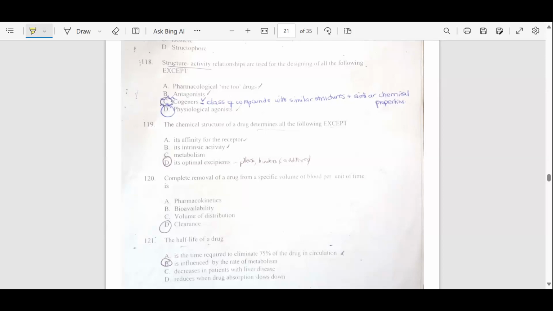For example, we used histamine when producing antihistamine drugs. We're basically basing them on the structure of histamine and then making them more bulky. For congeners, I'm not so sure about C, but I think D and B actually go together.